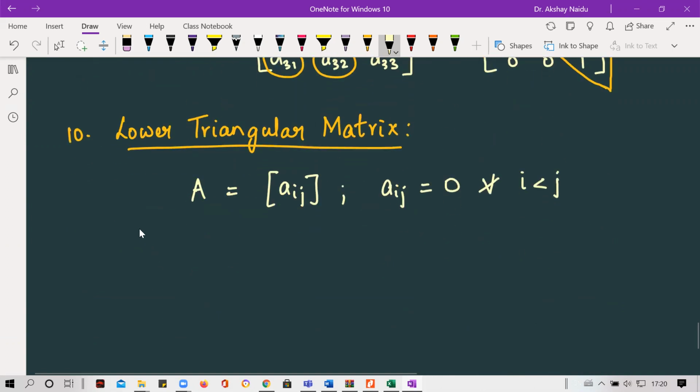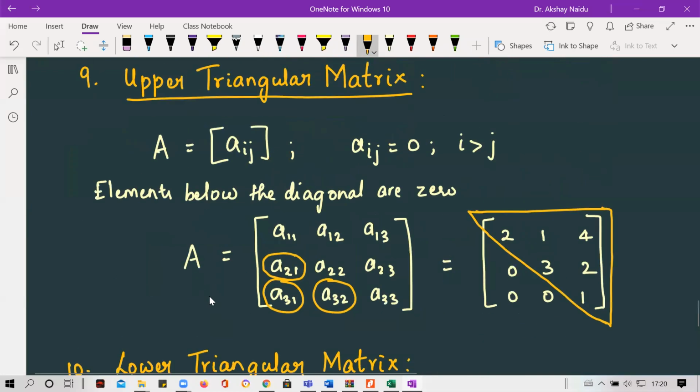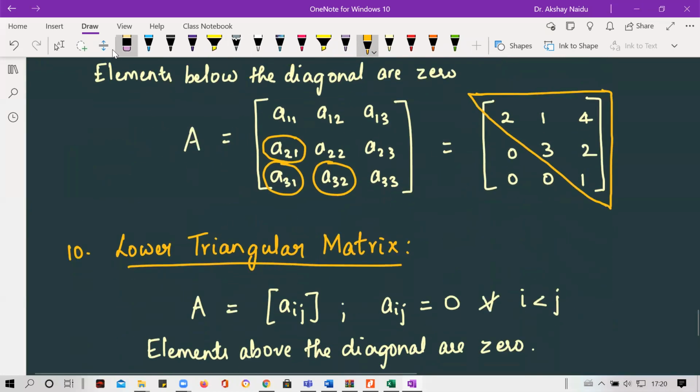All right. So elements above the principal diagonal are 0. Elements above the principal diagonal are 0. This is the lower triangular matrix. So again, the same here. I will repeat this.